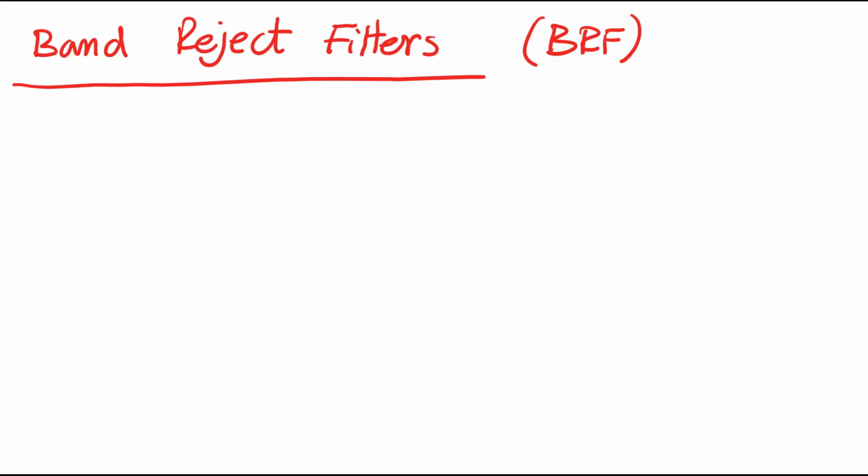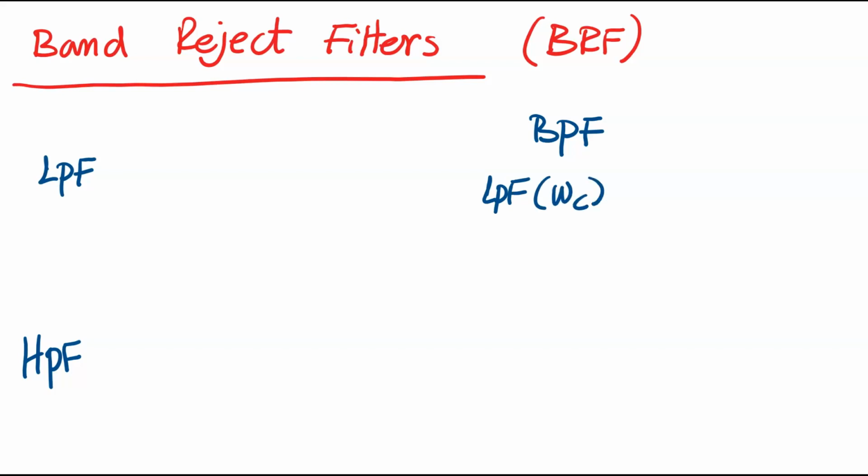But the configuration and the way that the frequencies are located are going to be different. So I need to have a low pass filter and a high pass filter. If you remember from previous lecture, for band pass filter, we needed to make sure that the cutoff frequency of our low pass filter is greater than our high pass filter cutoff frequency.